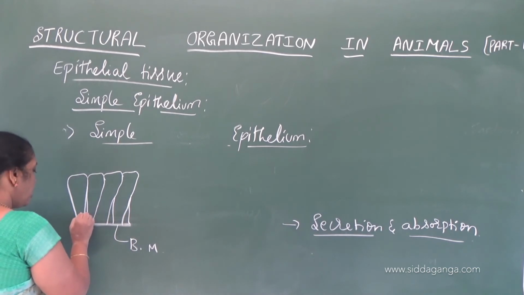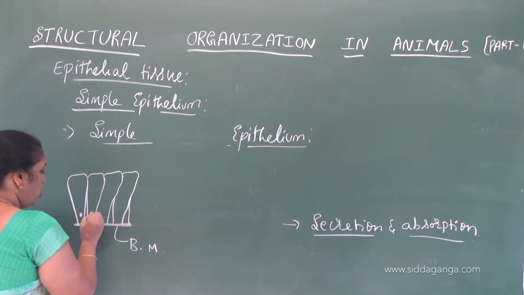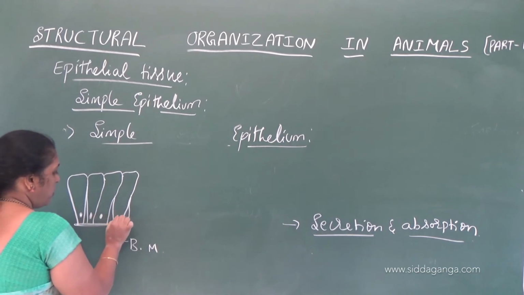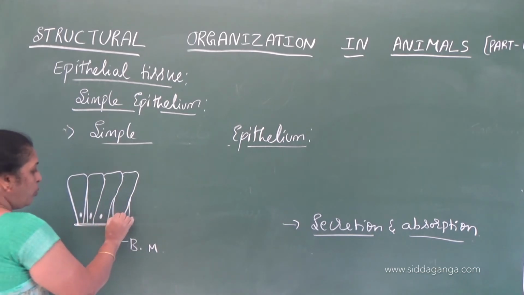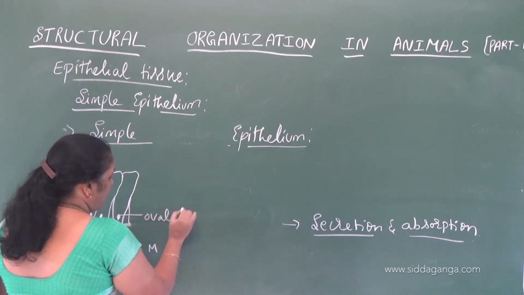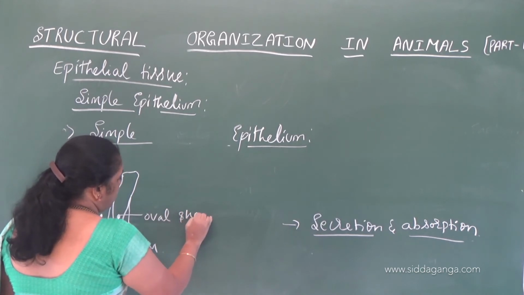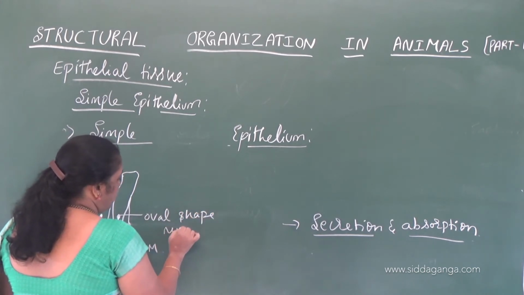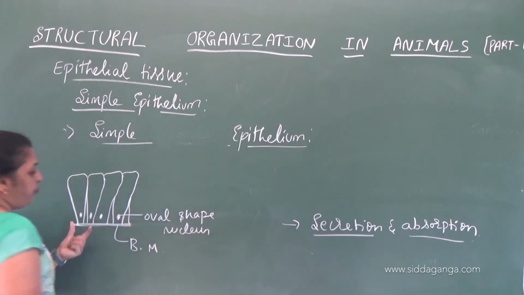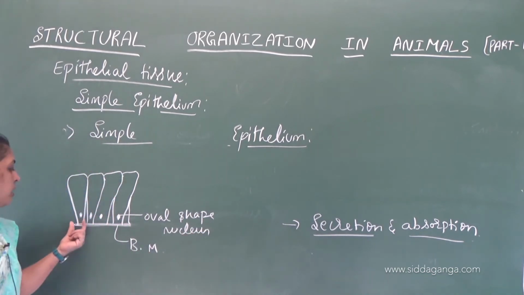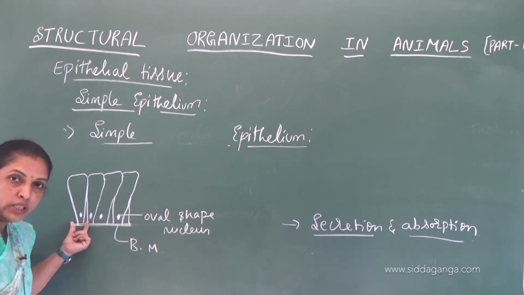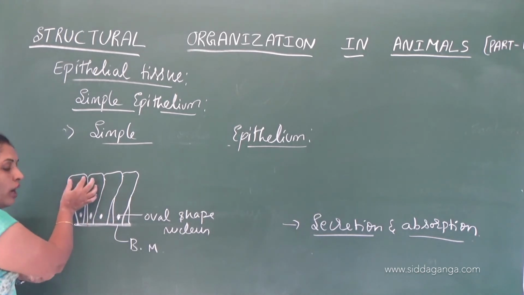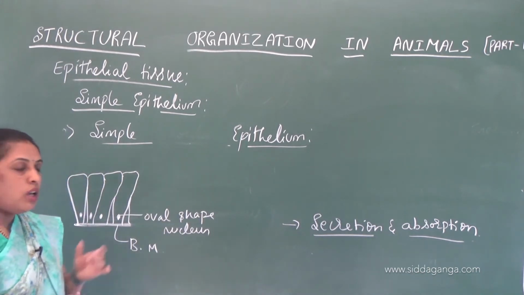An oval shaped nucleus is present towards the base. These cells are narrow towards the basement membrane and broad at their free surface.